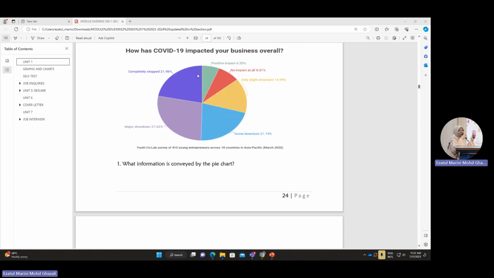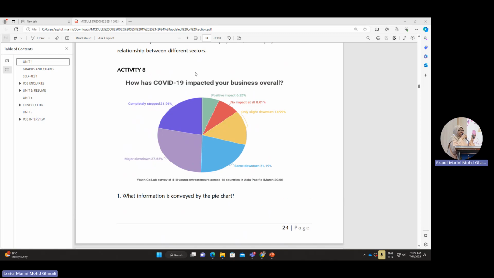Right. Look at the pie chart here. We have talked about this just now. Okay. How has COVID-19 impacted your business overall? So there are how many slices? 6 slices. Positive, no impact, slight downturn, some downturn, major slowdown, and completely stop.